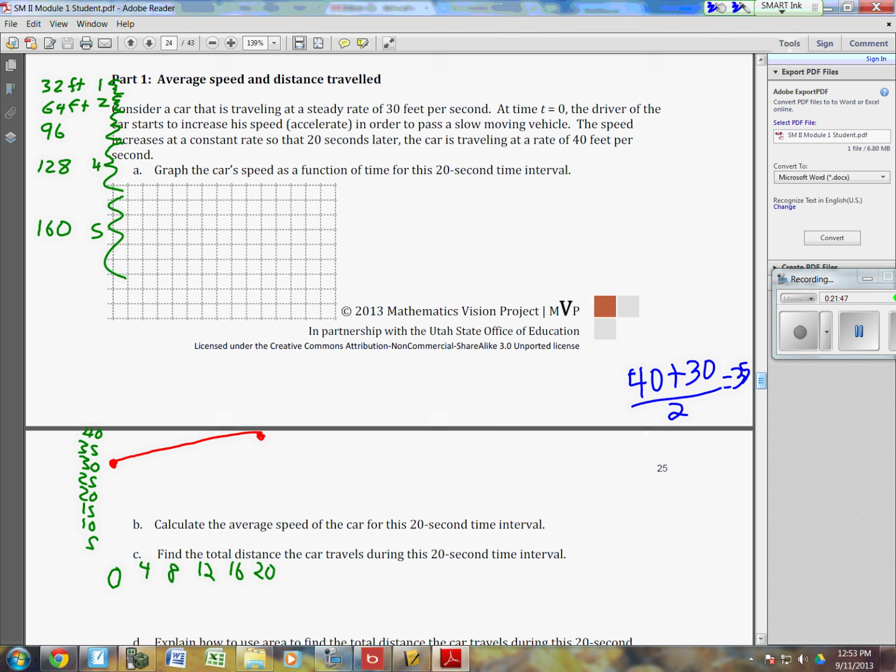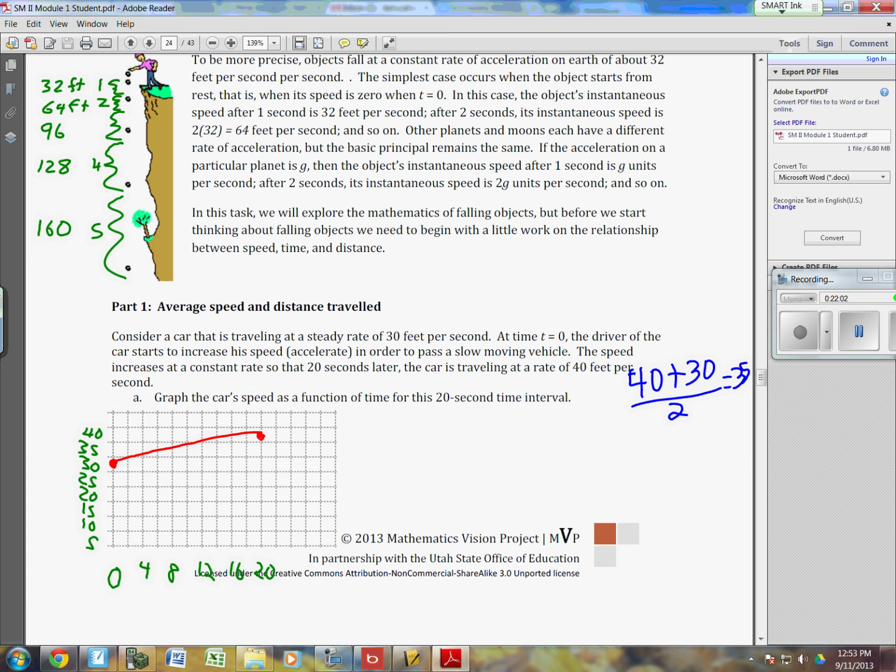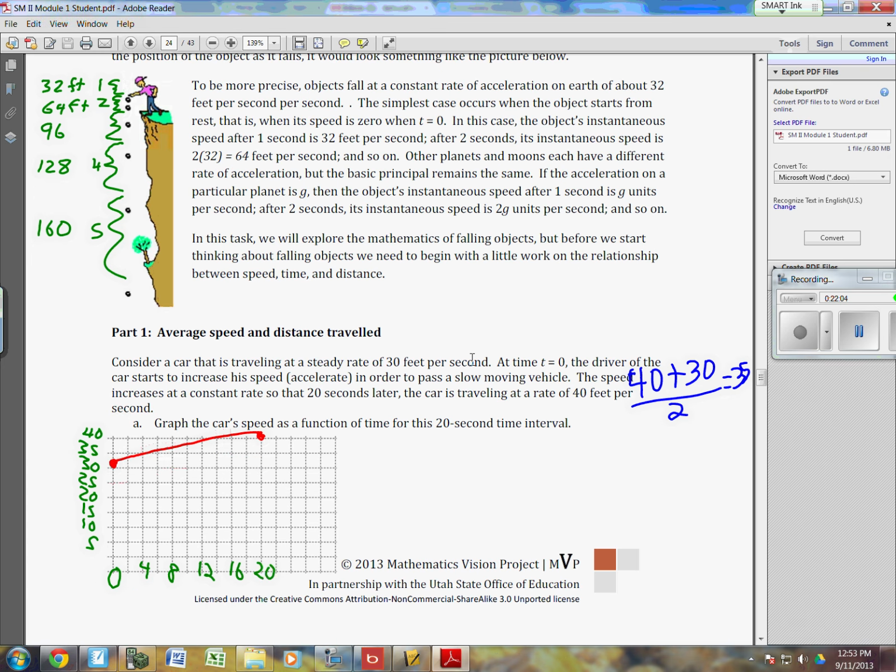And then find the total distance the car travels during this 20-second interval of time. How do we figure that out, you guys? How far did it travel during that 20-second interval? We use this formula: distance equals rate times time.